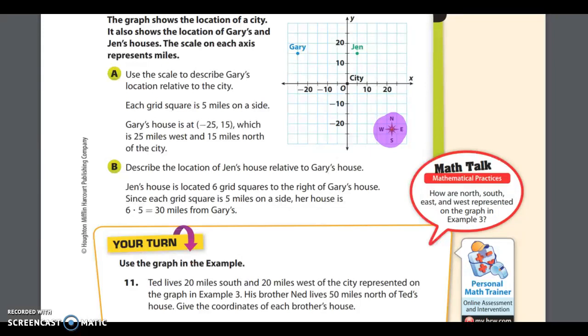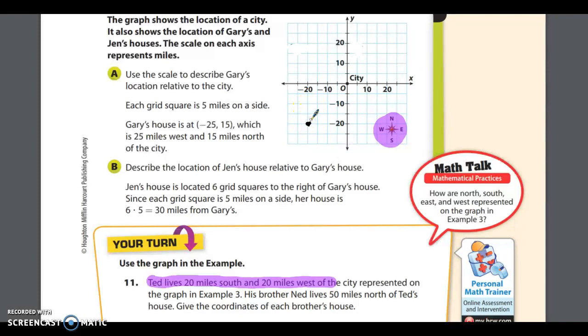I'm going to cover up Gary and Jen because I just want it to be kind of simple here. And I'm going to put Ted and his brother Ned. Ted and Ned, that's interesting. Okay, so what do we know about Ted? Ted lives 20 miles south and 20 miles west of the city. So I'm going to do west first because I'm comfortable with that. So I'm going to go 5, 10, 15, 20 miles west, and 5, 10, 15, 20 miles south.